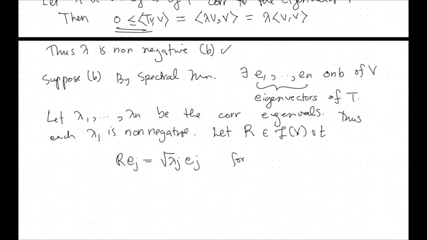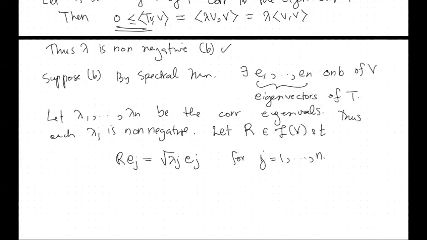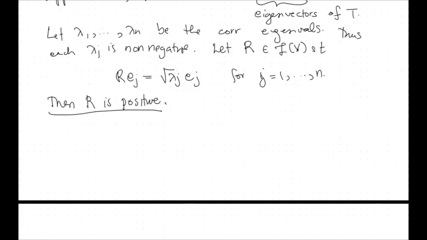This is for all j from 1 up to n. Here, R is a positive operator, and I claim that this is a positive operator. I will leave it as a verification.